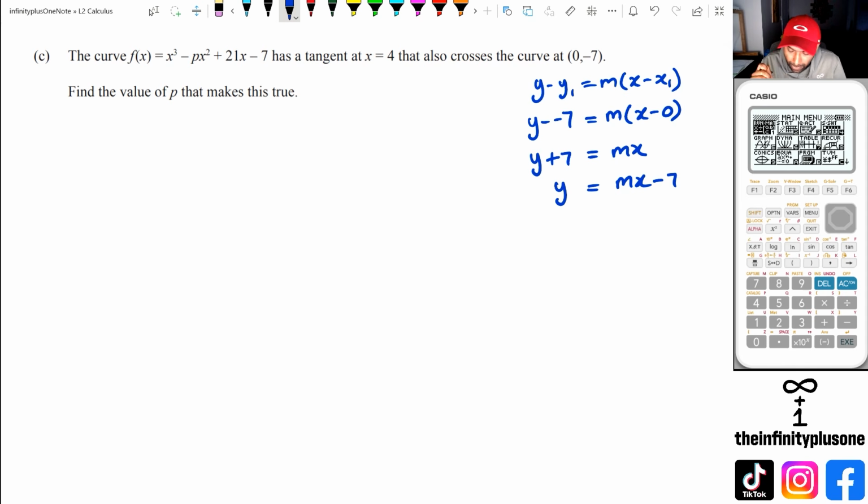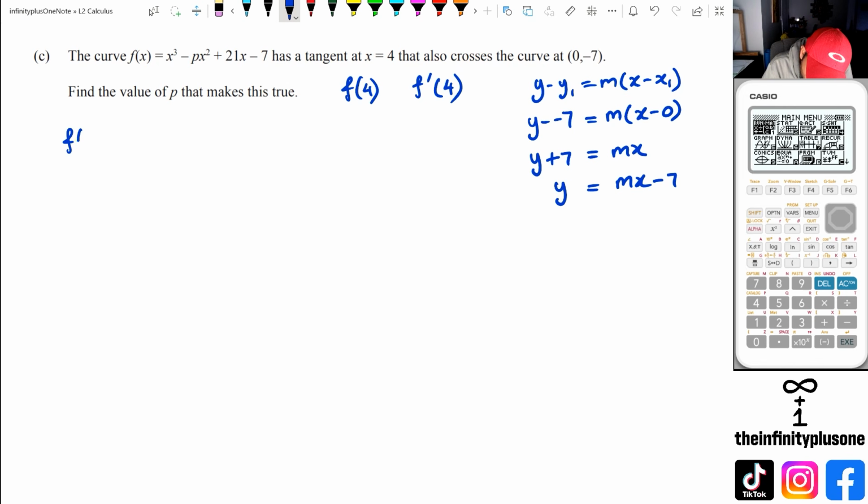Now, I know that x is equal to 4 here, but I need the y value for x equals 4, and I also need the gradient at x equals 4, because that's where the tangent is at. So I need f of 4, and I also need f dash of 4.